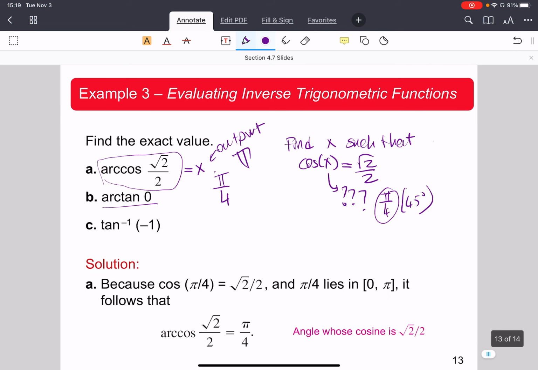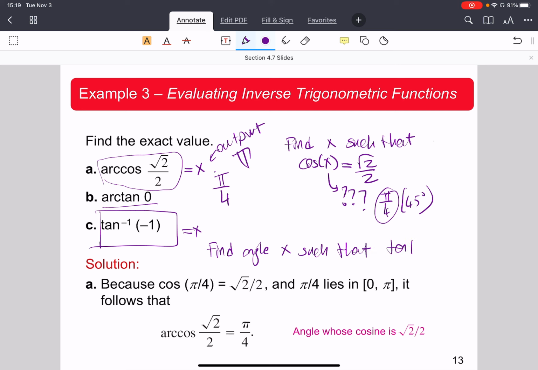Lastly, part C has arctangent of negative 1. So we need to find an angle x such that tangent of x equals negative 1. So we're investigating when the tangent function is negative 1. You take a look at your unit circle and find what angle x you get.